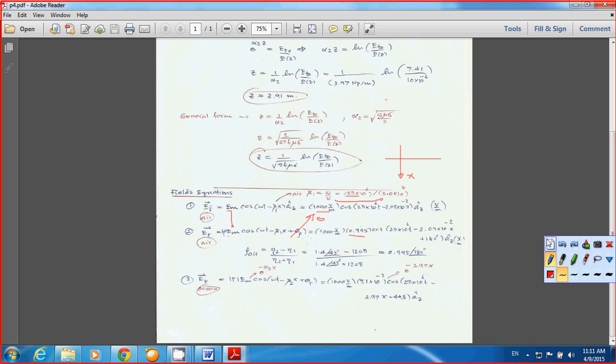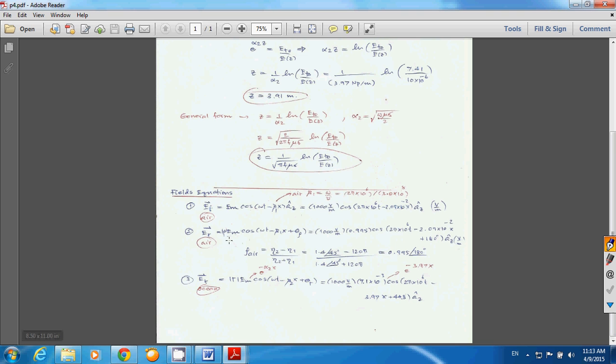Oops, sorry. Alright, take it back. Sorry, rho is not only the real part, because rho is equal to eta 2 minus eta 1 over eta 2 plus eta 1, and eta 2 is a complex number, so you end up with the phase of rho being 180 degrees, as we worked out before.